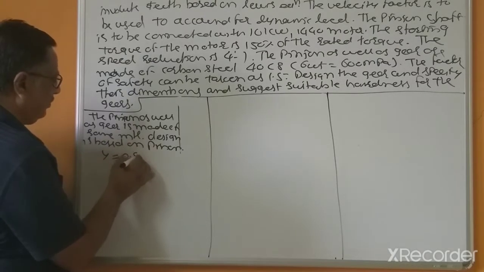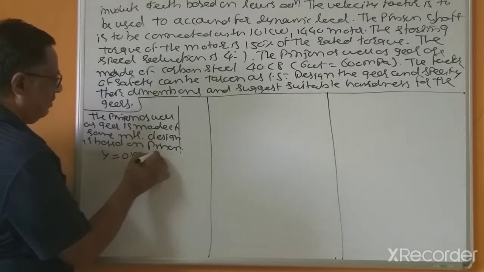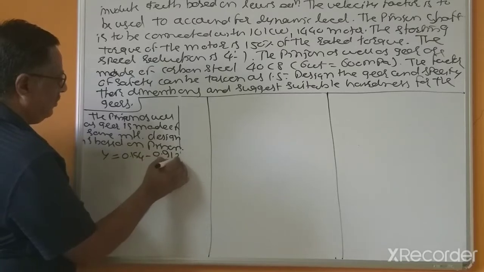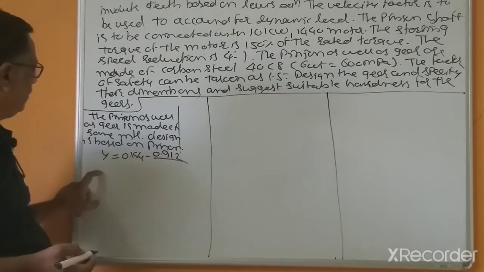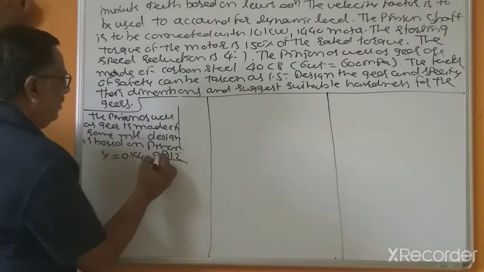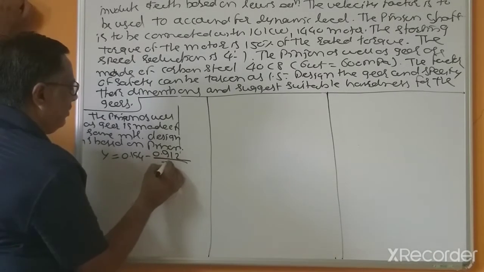This is 0.154 minus 0.912 divided by the number of teeth, because this is a 20-degree full depth involute tooth.